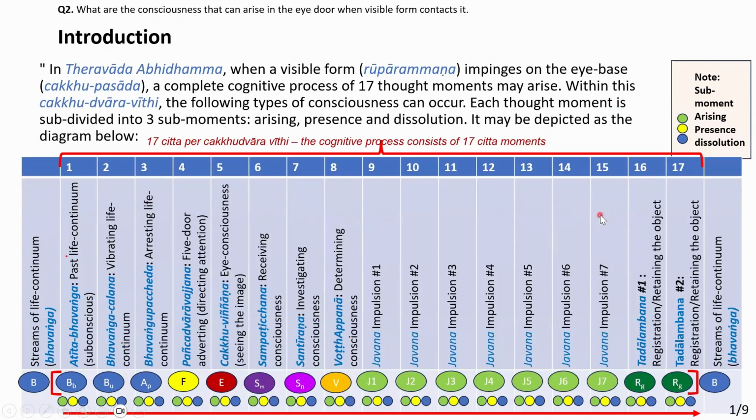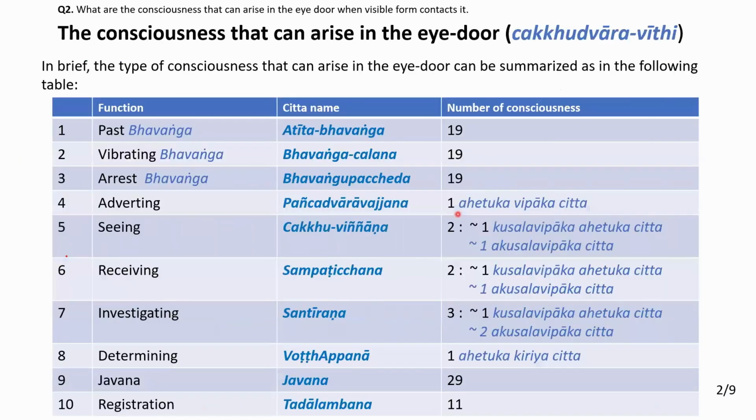If the object is great, then 2 registration cittas arise before it falls back to the life continuum consciousness.